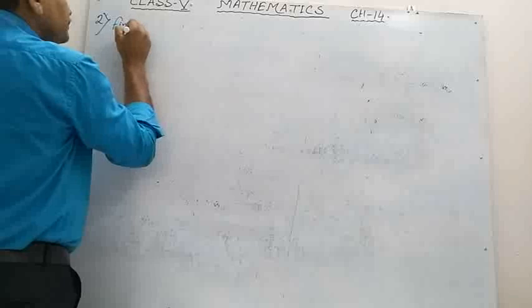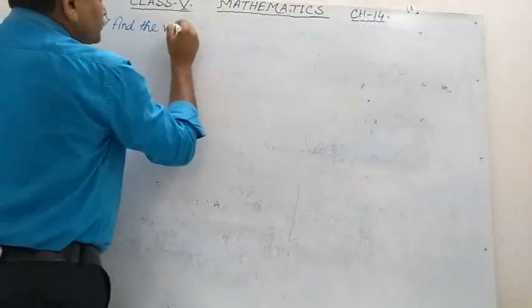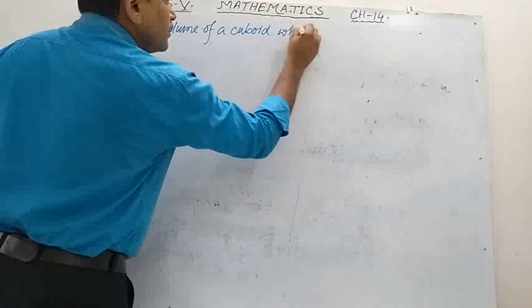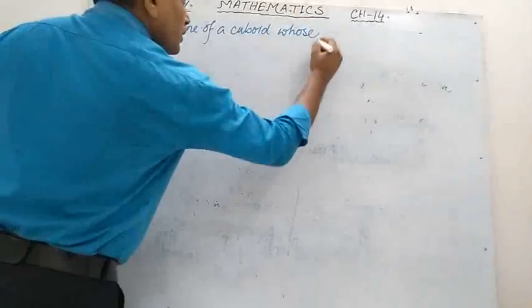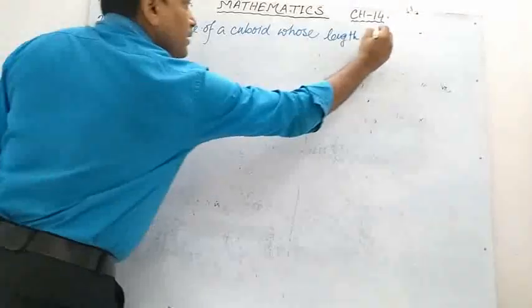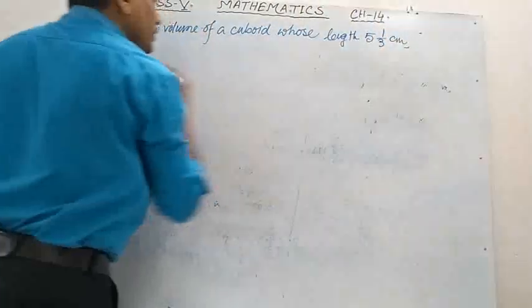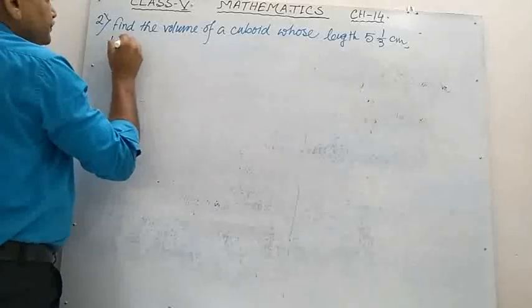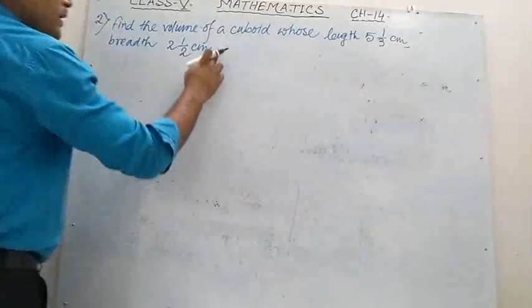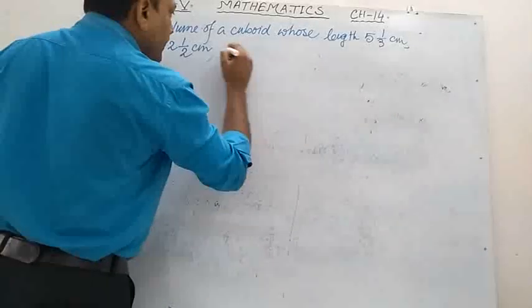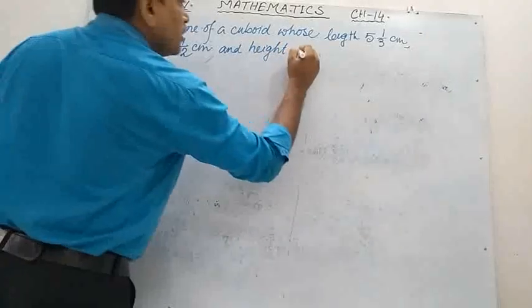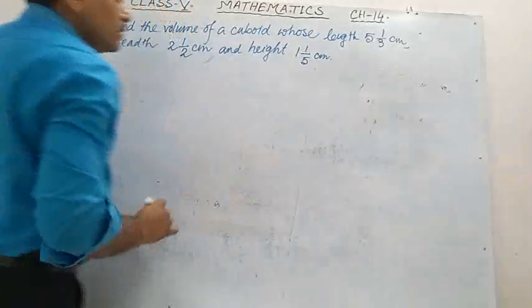Find the volume of a cuboid whose length is 5 whole 1/3 centimeter, breadth 2 wholes 1/2 centimeter, and height 1 whole 1/5 centimeter.